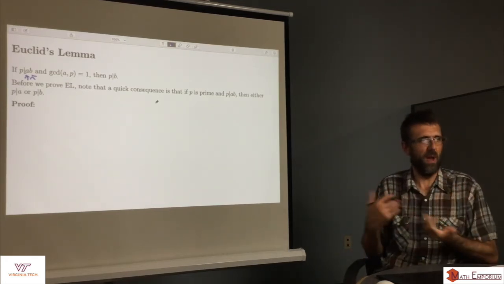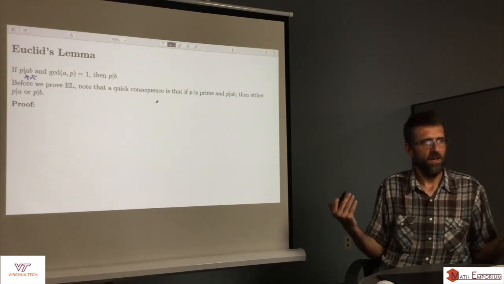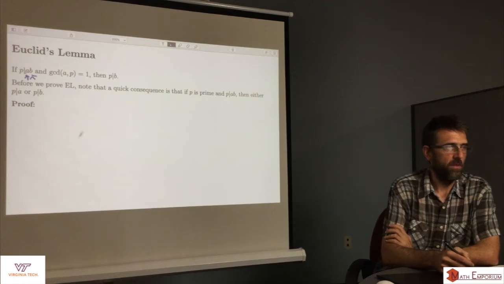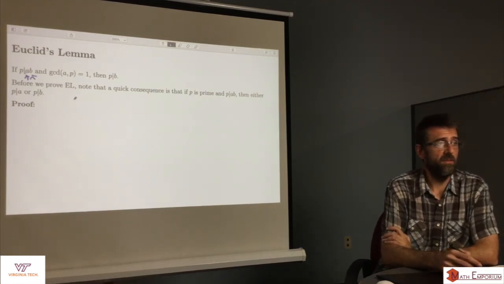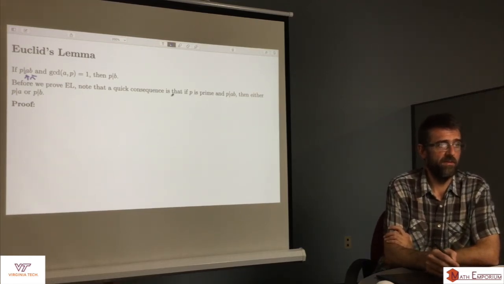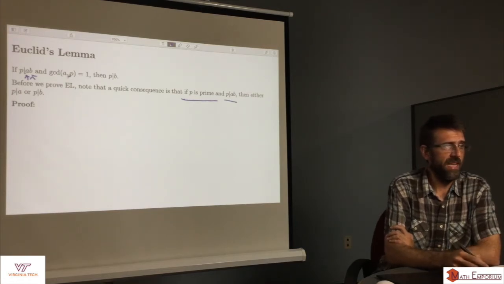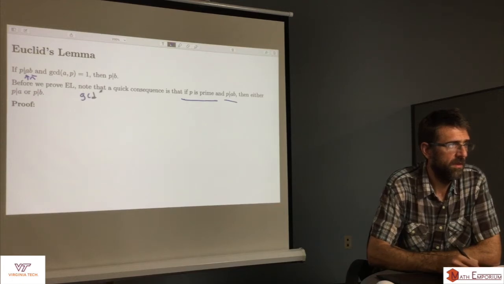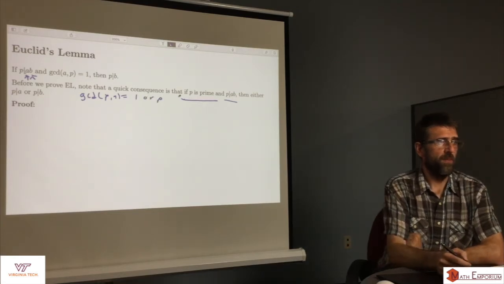So we want another way to prove Euclid's lemma without falling back on prime factorization, which we'll do. Before we do that, let's note a quick consequence: if p happens to be prime, then the GCD of a and p equals 1 or it equals p.